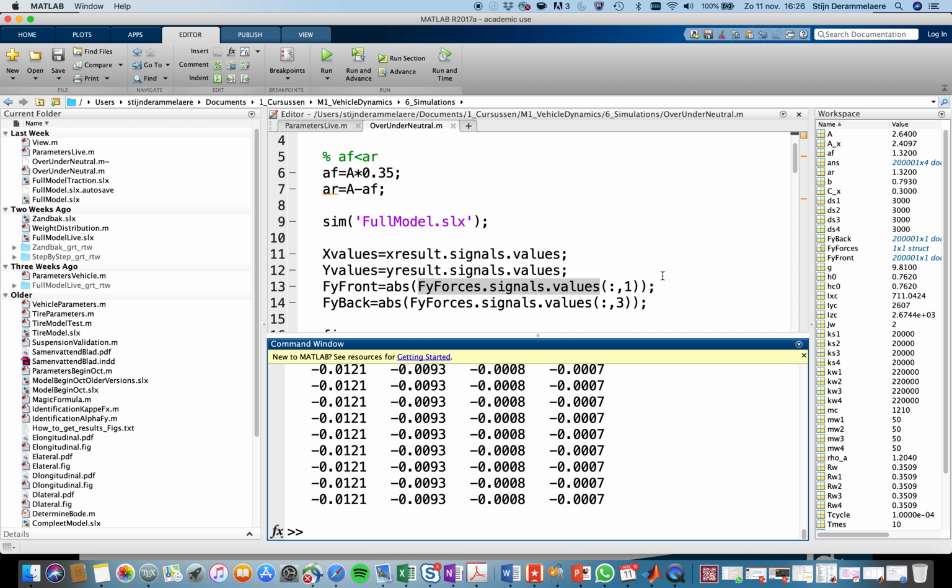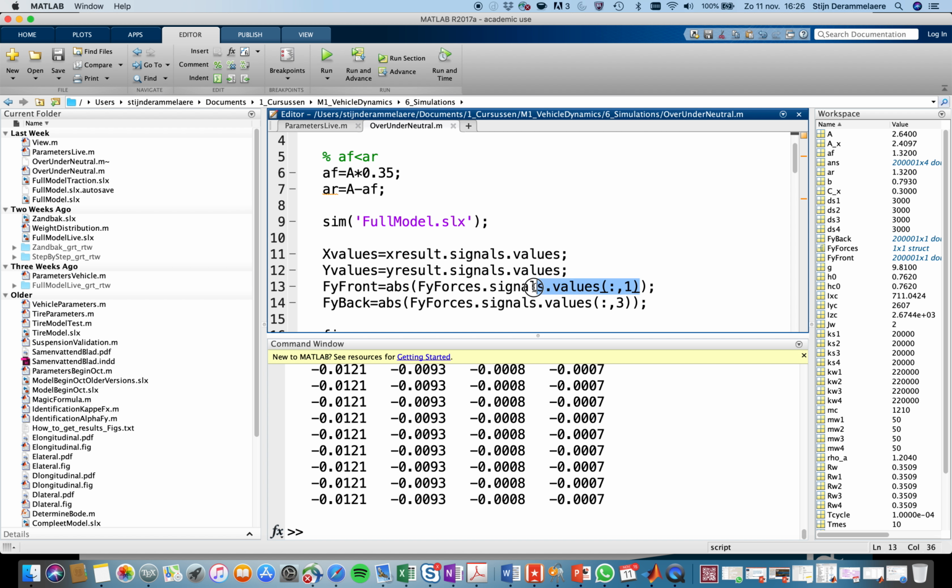We're especially interested in the difference between the front and the back behavior. Therefore, we save this force, which is equal to the lateral force at the front, and we save this force, which is equal to the lateral force at the back. You also see that I take the absolute value of these forces. That's just to ease the comparison.